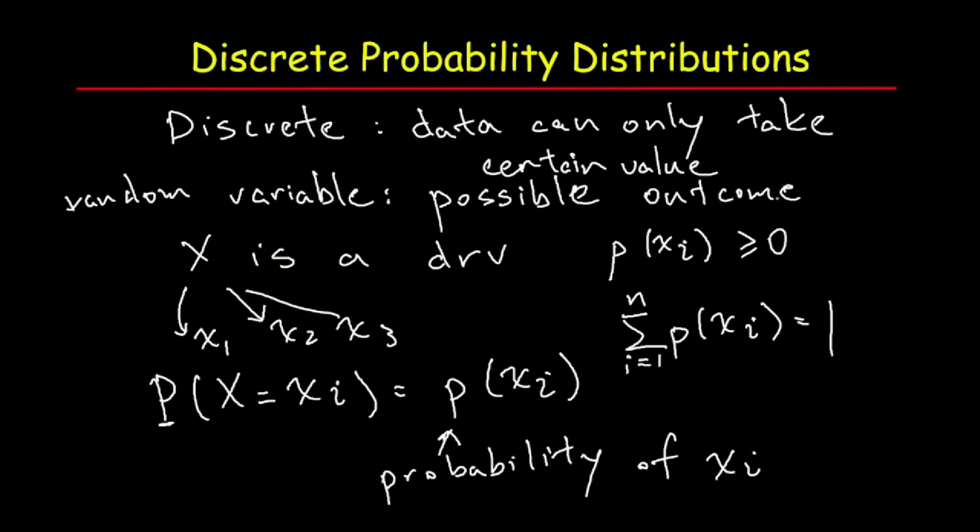So sometimes you're going to see a question asking to show that some sort of function is a probability distribution function. What you basically have to show is that the function satisfies this.